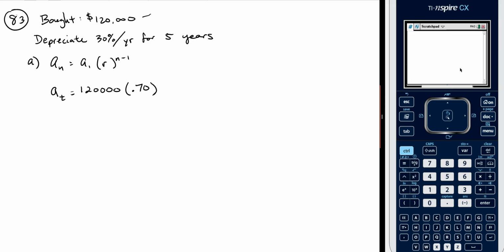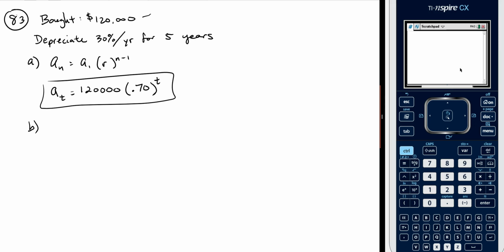And we need to be careful about the exponent though, because we don't want t minus 1, because that means it's going to depreciate like in the first year. That's going to mean that it doesn't depreciate, because 1 minus 1 is going to be 0. So I don't want that. I want to make sure that it depreciates by 30% in the first year as well. So that's just going to be 120,000 times 0.7 to the t.